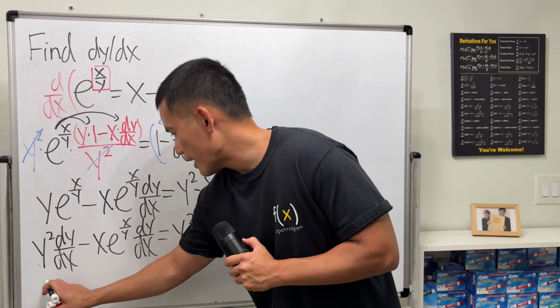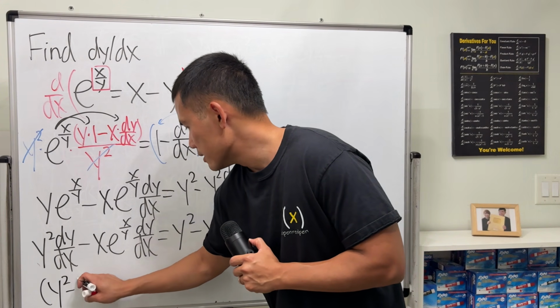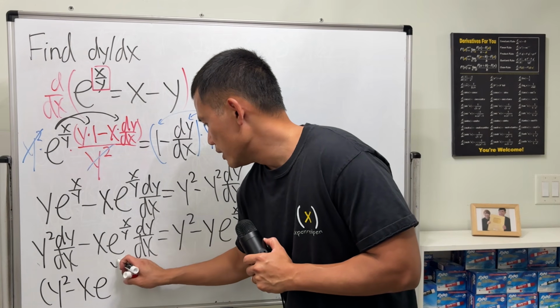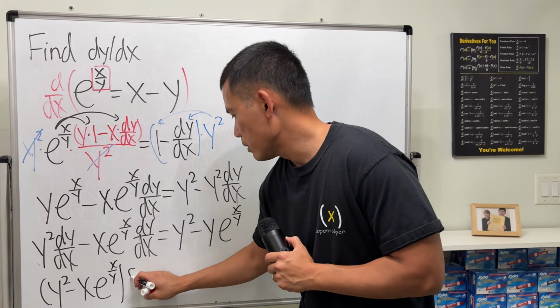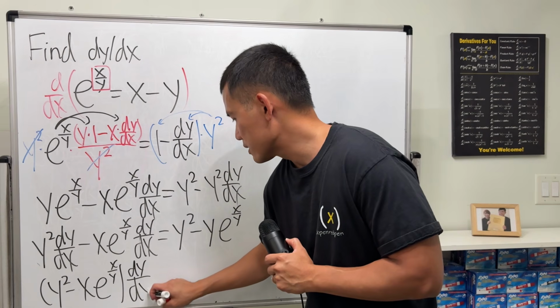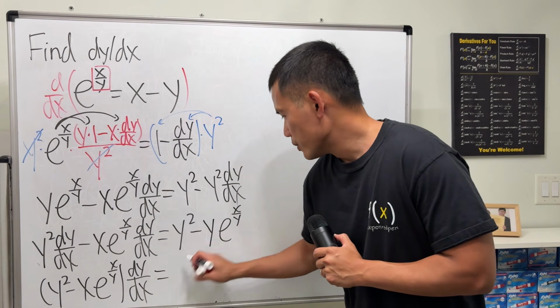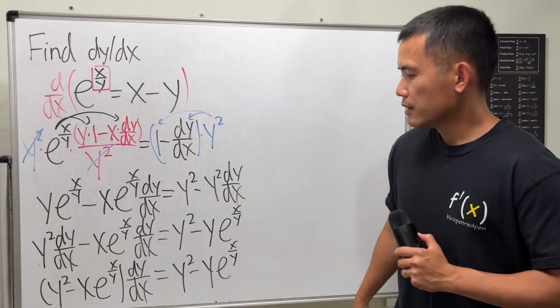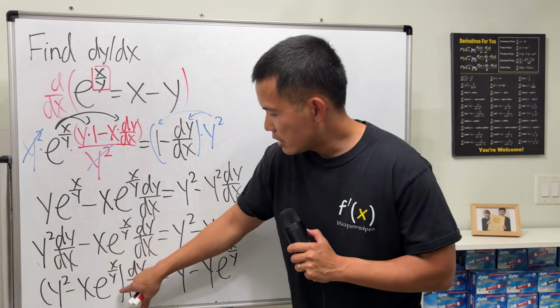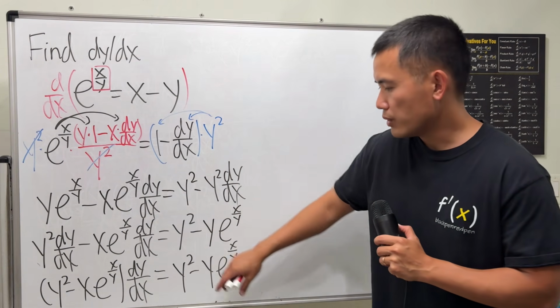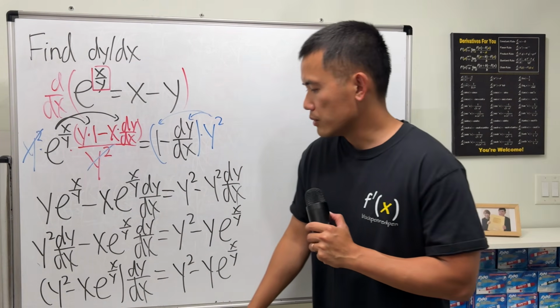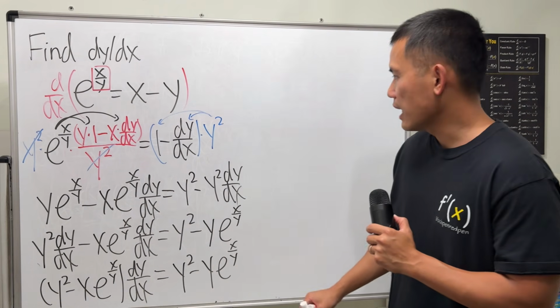So here we have y squared minus x e to the x over y, and then we multiply this by dy dx. And that's equal to the right hand side. Now we have this quantity times dy dx is equal to that. All we have to do is divide both sides by this and we'll be done.